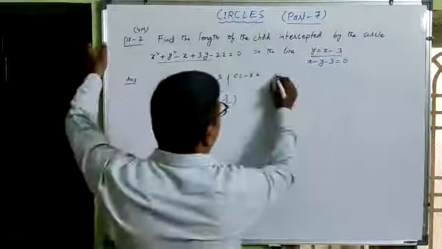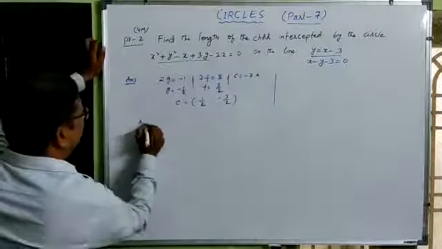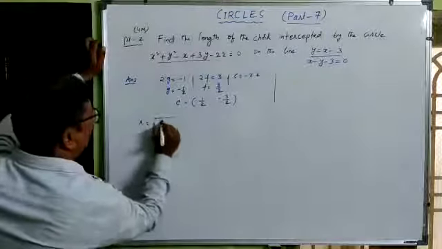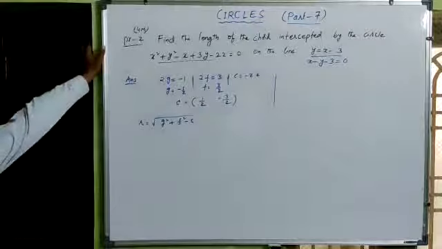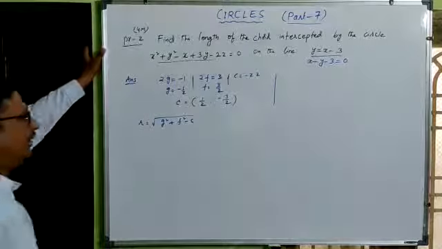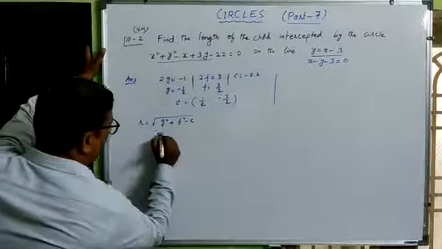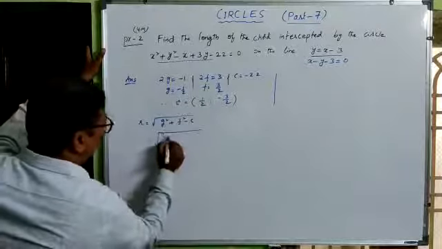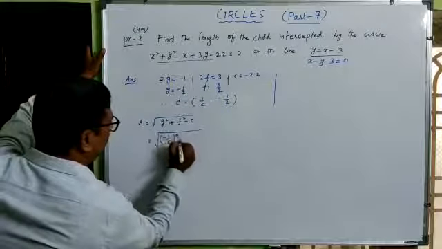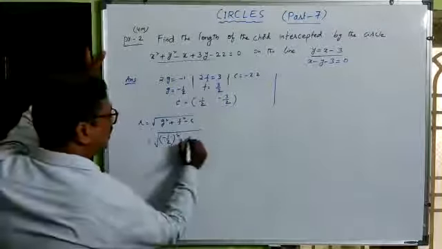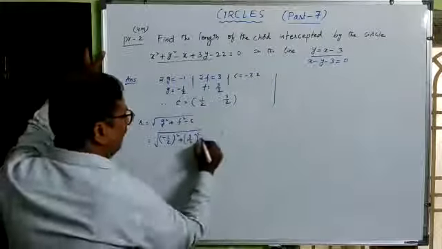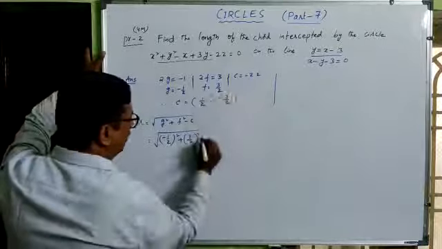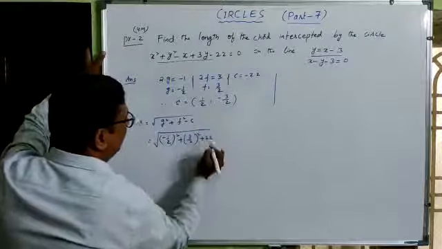Now we have to find the radius. Radius is under root g square plus f square minus c. So g square means minus 1 by 2 whole square, plus f square is 3 by 2 whole square, minus c, minus of minus 22 becomes plus 22.